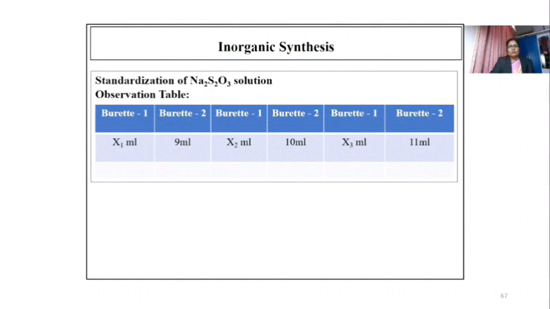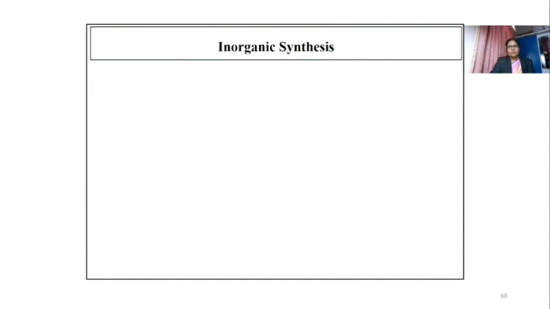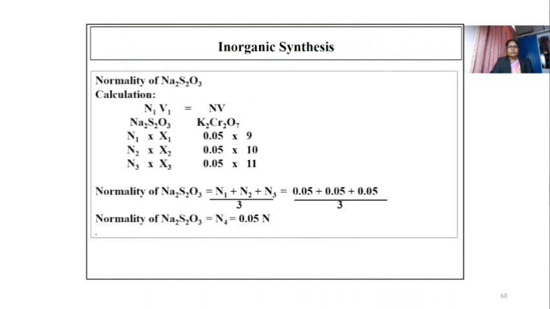Now this is the observation table for the standardization of sodium thiosulfate solution. The amount of sodium thiosulfate solution required for the 9 ml of the potassium dichromate is the X1 and so on and so forth. Now next is the calculation. So for the calculation of normality, N1V1 is equal to NV is the formula.